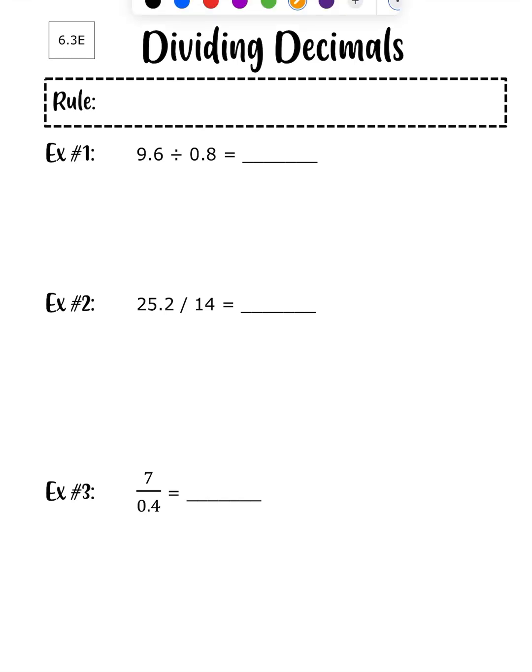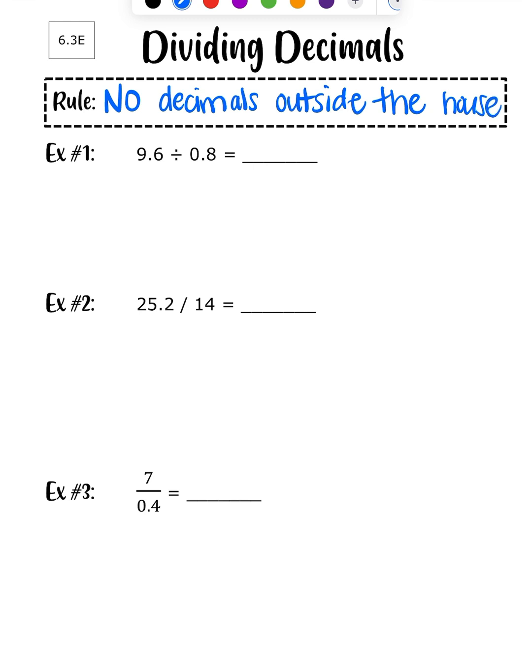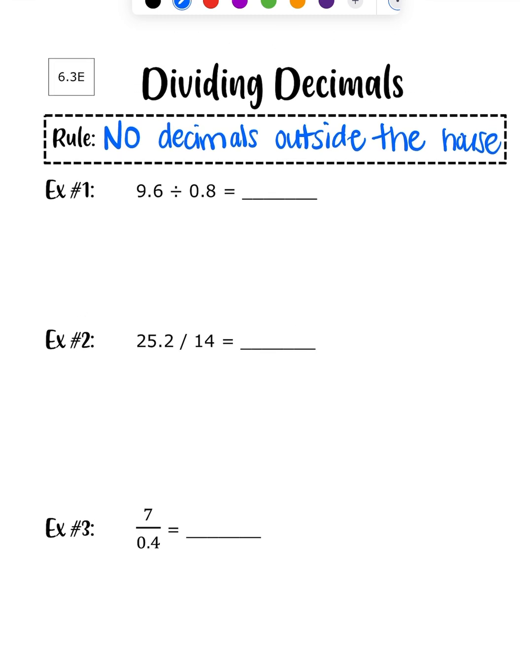All right, so I'm gonna grab no decimals outside the house. And so as we are dividing today, let's talk through some of the ways you're going to see division.